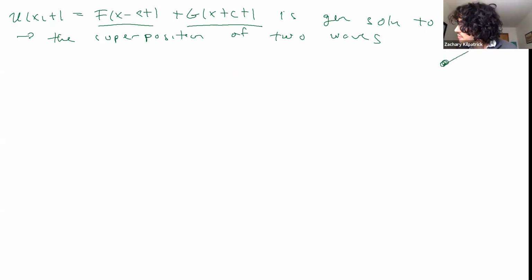So you think of f flowing this way, and this is not exactly how it works, and then g flowing this way. So any initial displacement is going to propagate outward, just like throwing a pebble in a pond, you get waves in all directions. Okay.